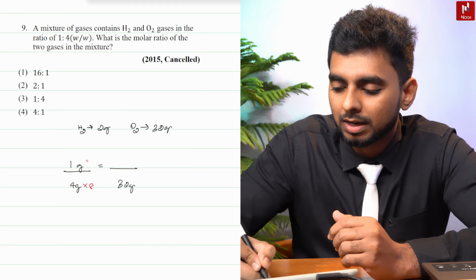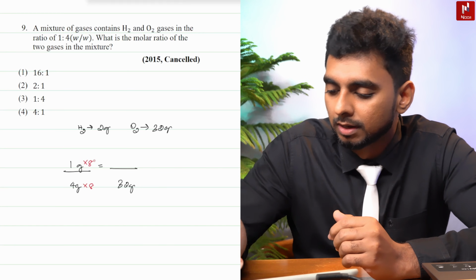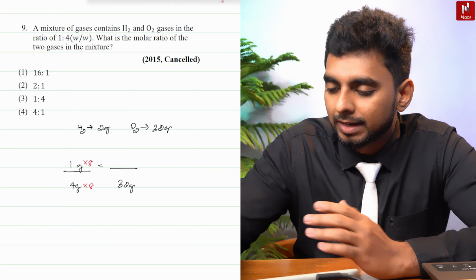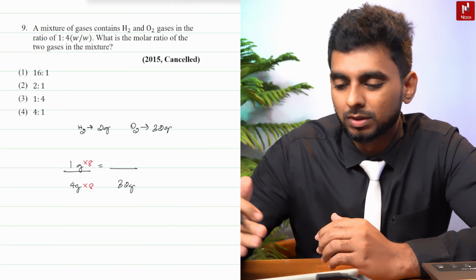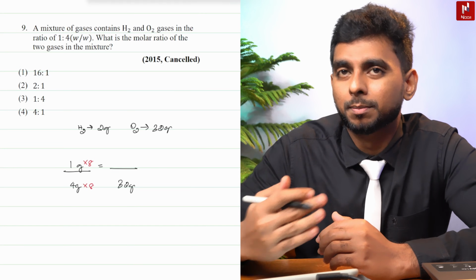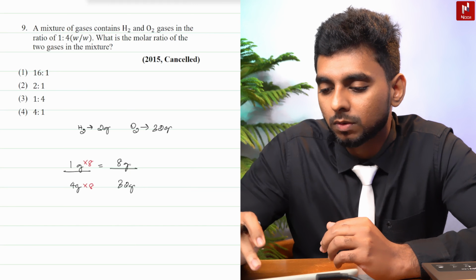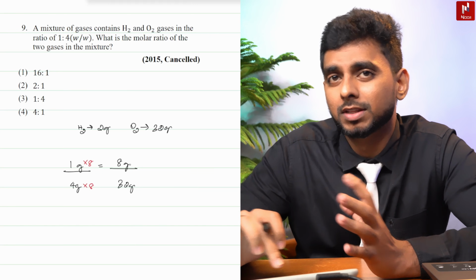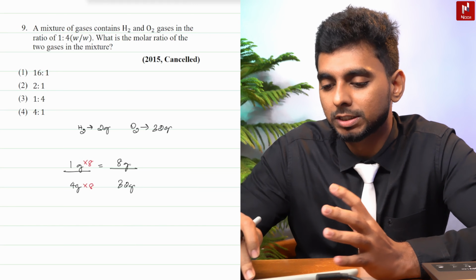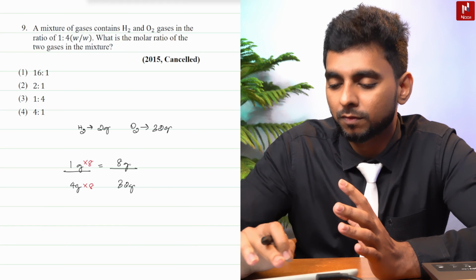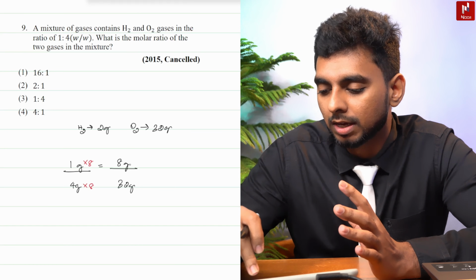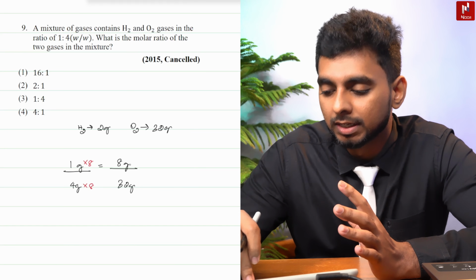Same way, I'll have to multiply 8 in the numerator, isn't it? So it should be 8 gram divided by 32 gram, right? So in the sum, I'm just going the other way around. I'm just going backwards, something of that sort. So with respect to 8 gram of hydrogen, I'll have 32 gram of oxygen. That is when the ratio will be 1 is to 4 by weight ratio, isn't it? Here you have got 8 gram and then 32 gram.